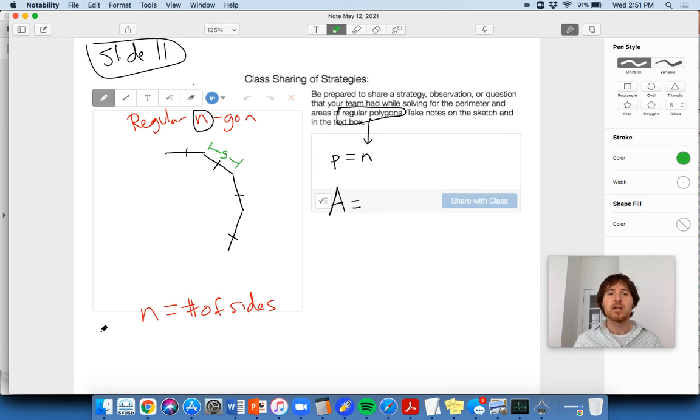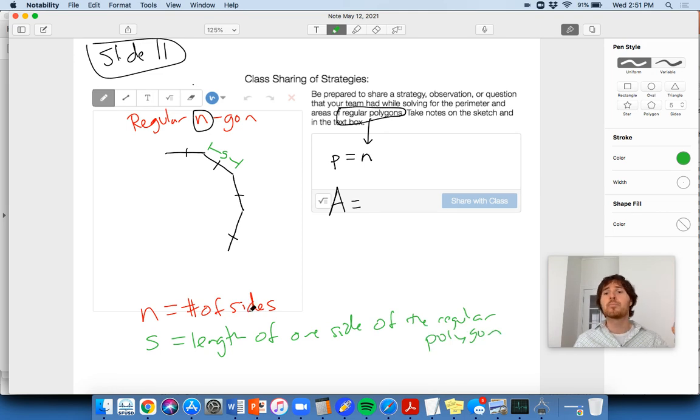So that's our second parameter that's part of this formula. The letter s is going to appear in the formula and represents the length of one side of the regular polygon, whatever that regular polygon is, okay?